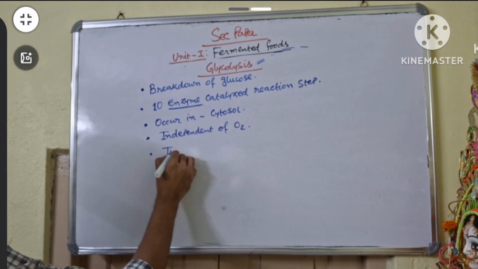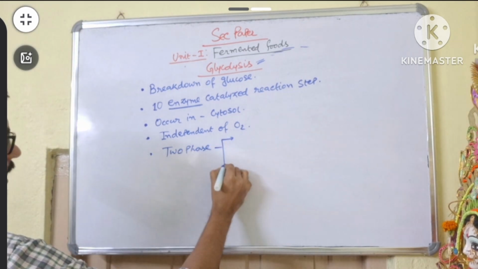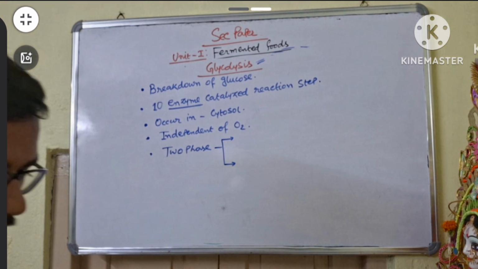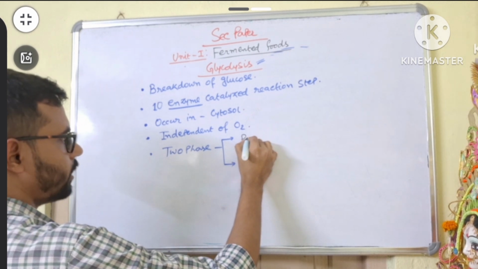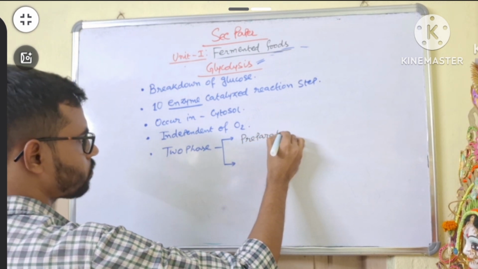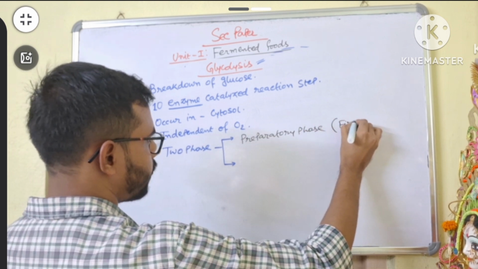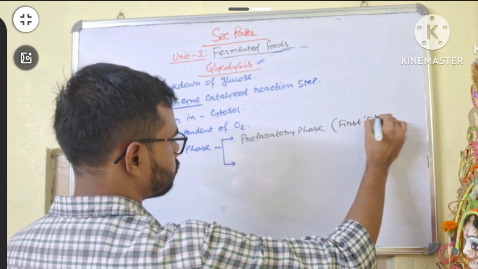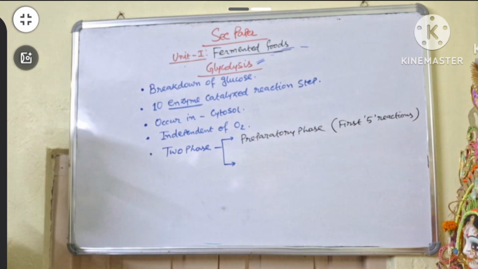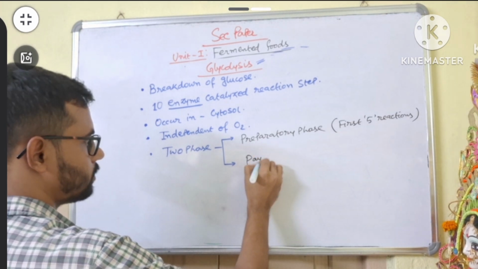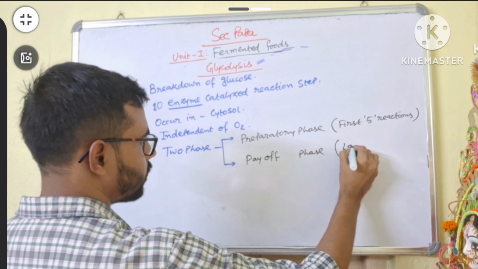Glycolysis has two phases. The total 10 enzyme catalyzed reaction steps are divided into 5 and 5. The first 5 steps are called the preparatory phase, and the next 5 reactions are called the payoff phase, the last 5.